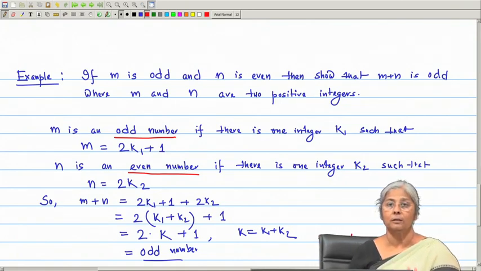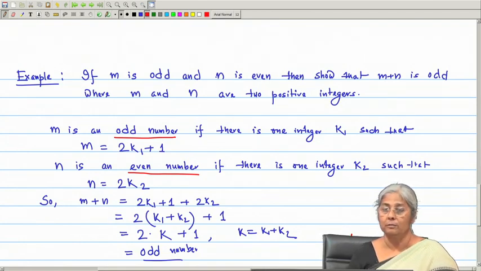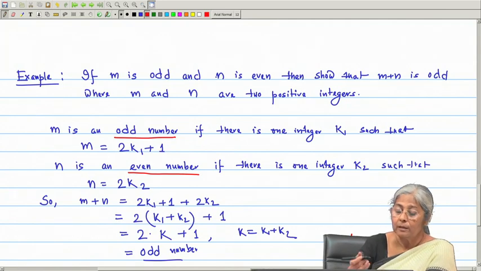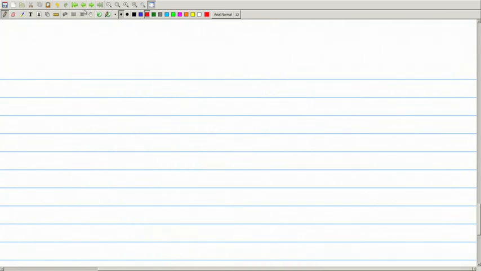So, this is one direct method of proving statements. Then immediately we have to think that if there is a direct method, then there must be an indirect method. So, what is that indirect method?